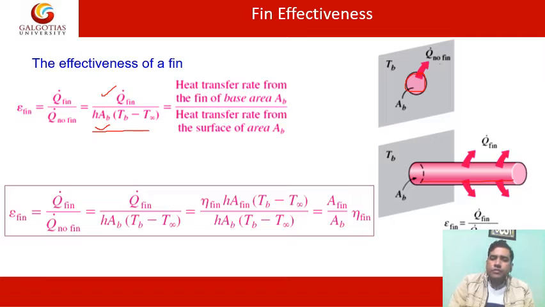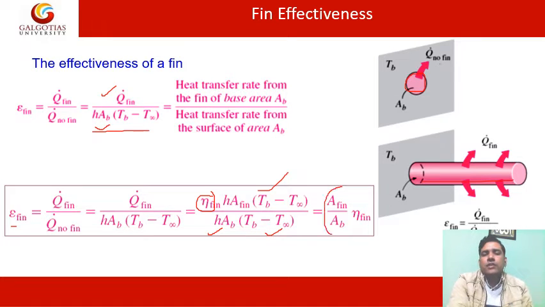For this particular case, the effectiveness of the fin is given by this formula, which is equal to the efficiency of the fin times the heat transfer from the fin upon the heat transfer without fin. So as you can see here, the area of the fin upon the area of the base, times the efficiency of the fin, provides the relationship for the effectiveness of a fin.